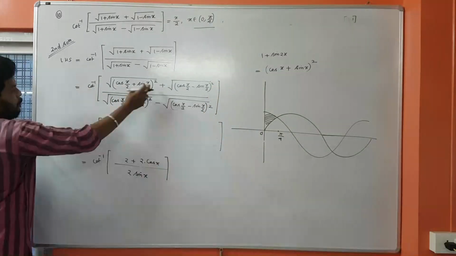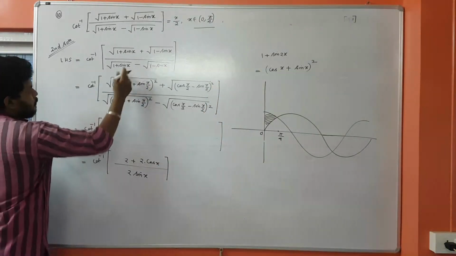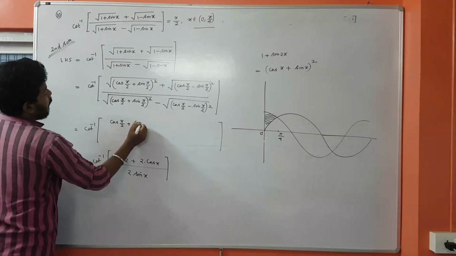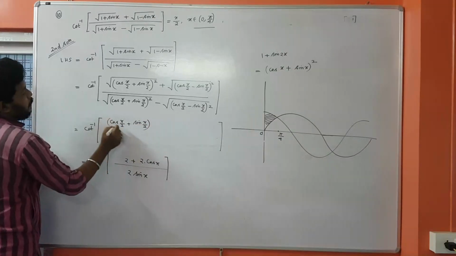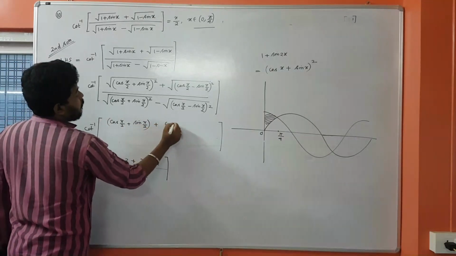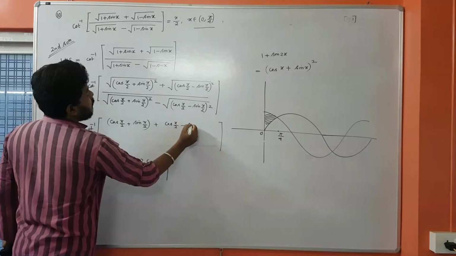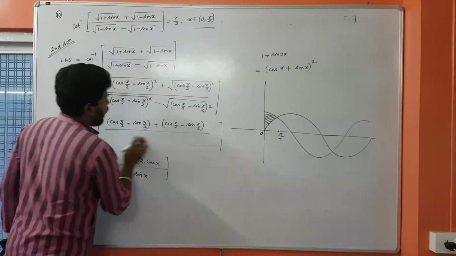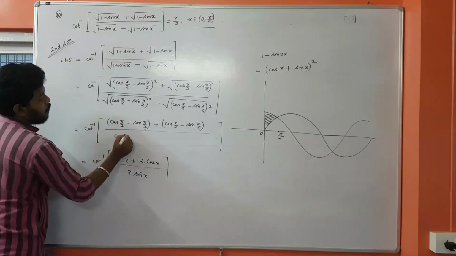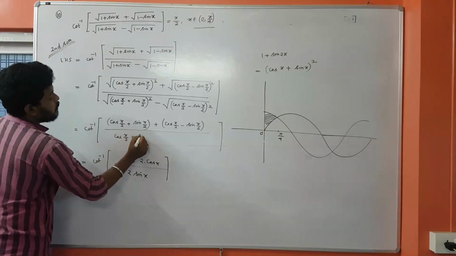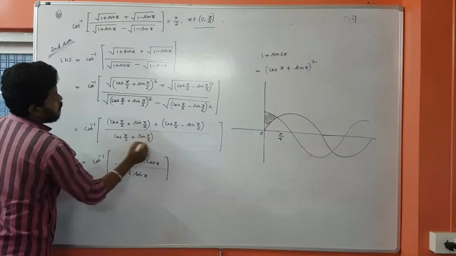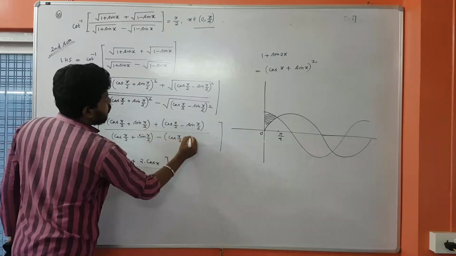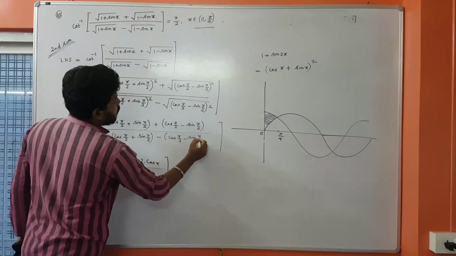After square root it becomes cos x by 2 plus sin x by 2 plus cos x by 2 minus sin x by 2 divided by cos x by 2 plus sin x by 2 minus cos x by 2 minus sin x by 2.